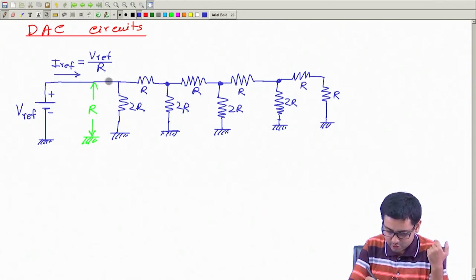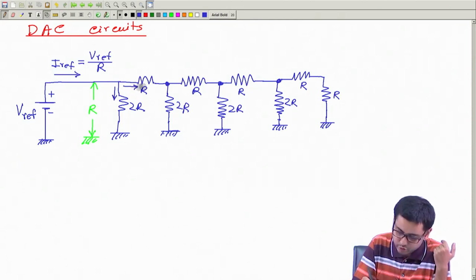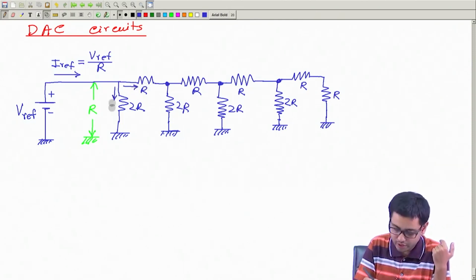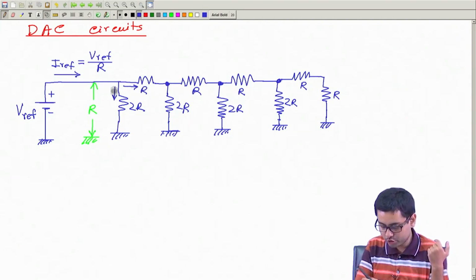Now, this much current, V ref by R, which is I ref, will come here, and here it will get divided into 2 halves. One will go like this, another will go like this. How much will go towards the right and how much towards the left?